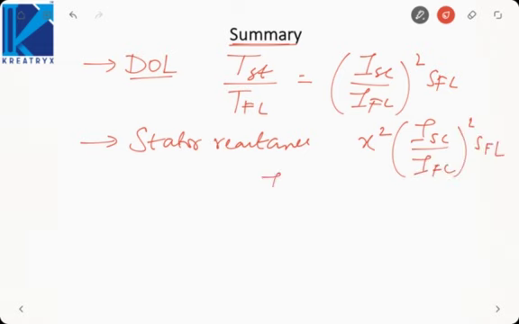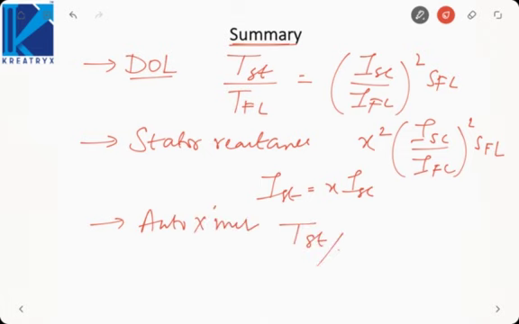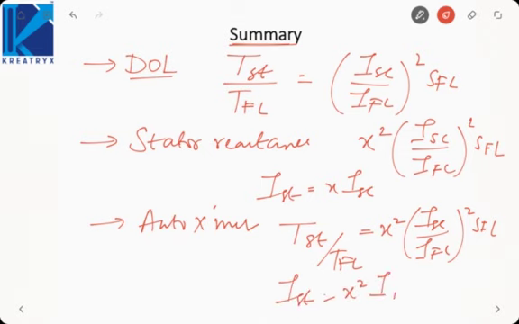But here starting current becomes X times ISC. Then we saw auto transformer. Starting torque by full load torque is X square ISC by I full load square S full load. Here starting current became X square times the I direct online starting.